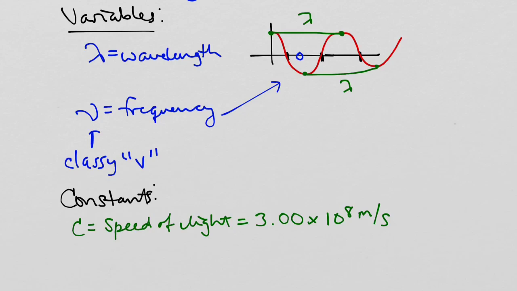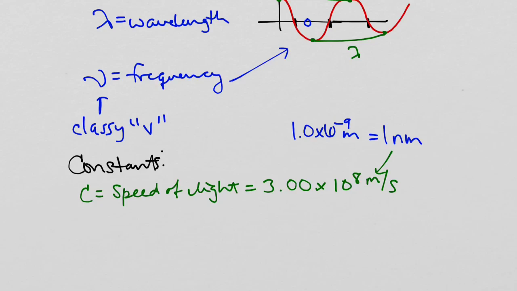Notice that this is meters, where you usually get your frequencies, speeds, or wavelengths expressed in nanometers. We remember that 1 nanometer equals 1.0 times 10 to the negative 9th meters, and that's something you saw in your midterm exam that I hope you remember. So remember that we are converting if we use the speed of light.